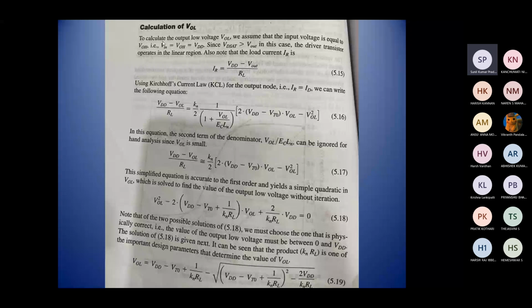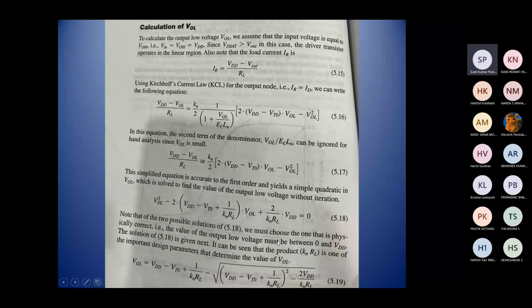This gives VOL square minus 2 times VDD minus VT0 plus 1 divided by KnRL, times VOL, plus 2 divided by KnRL times VDD, equal to 0. Now there are two possible solutions to this equation. We must choose the one that is physically correct, that is, the value of the output low voltage must lie between 0 and VDD.